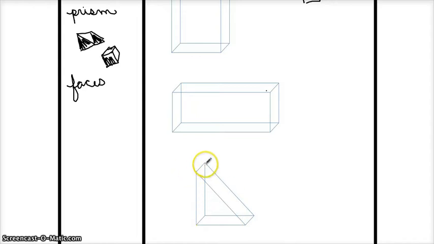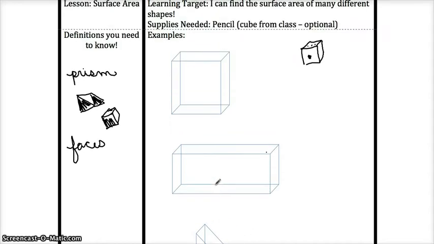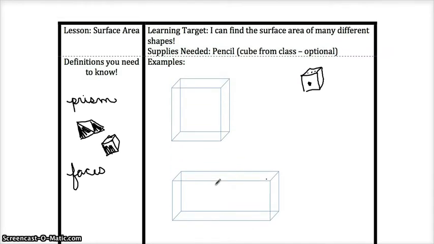So we need to look for the faces that are directly across from each other, which is the triangles. If you picture them like sandwich bread, they're kind of like the top and the bottom of the prism, and those are the faces of this three-dimensional object, so we call it a triangular prism.